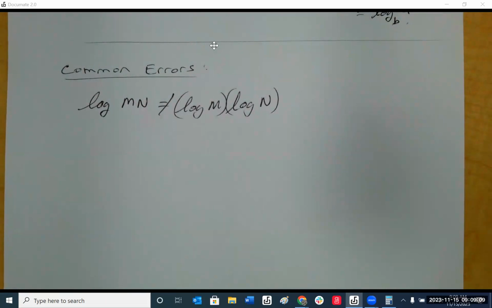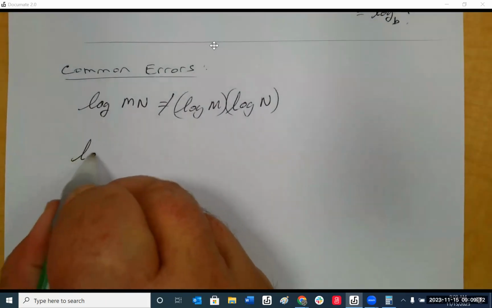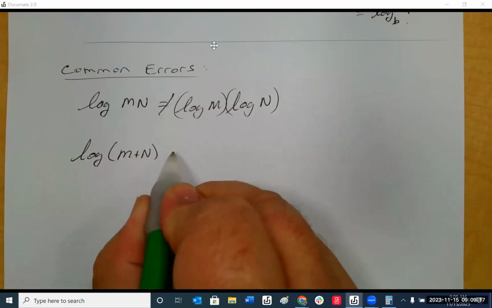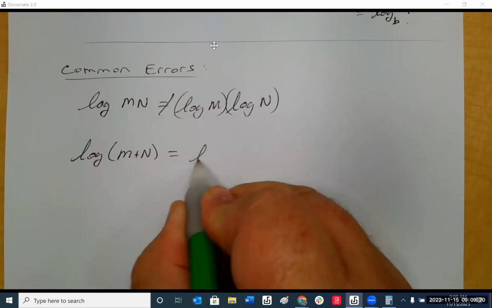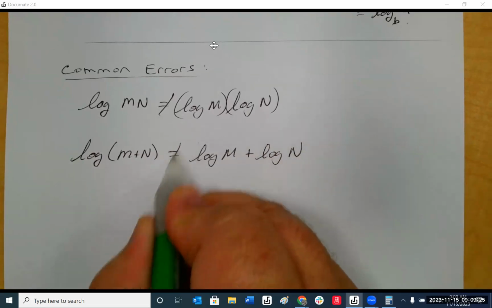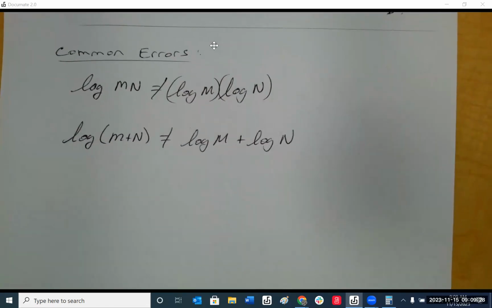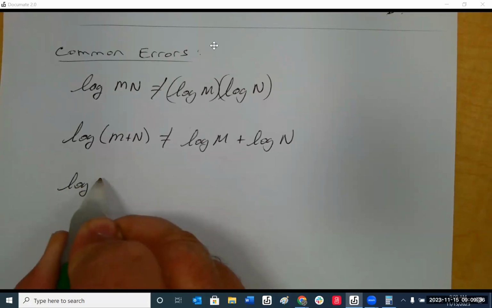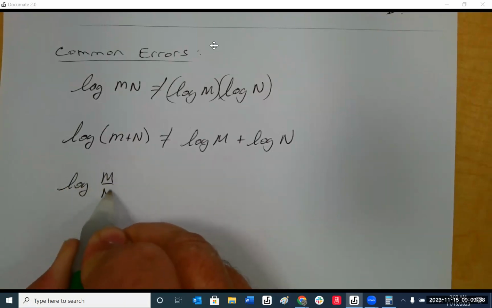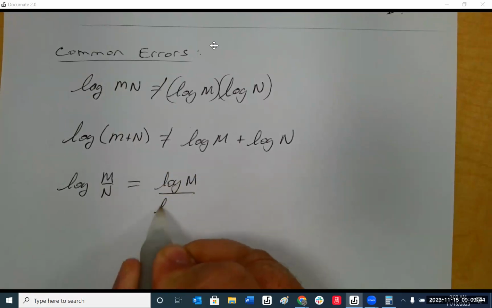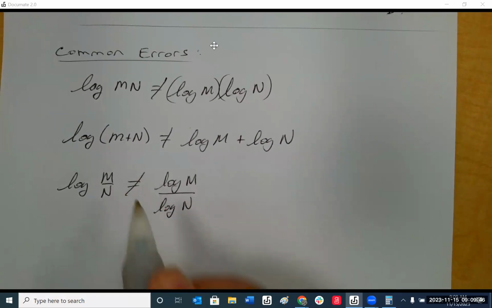They don't equal each other. Those don't equal each other. Nope.